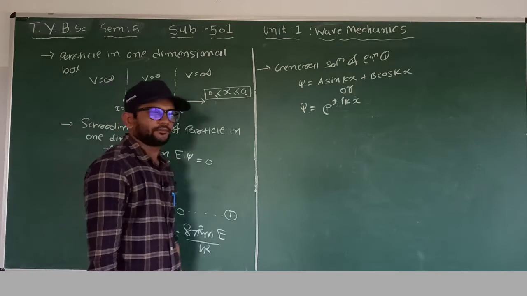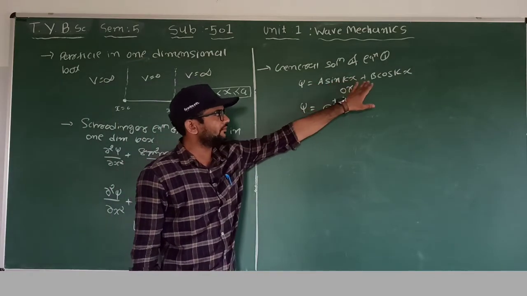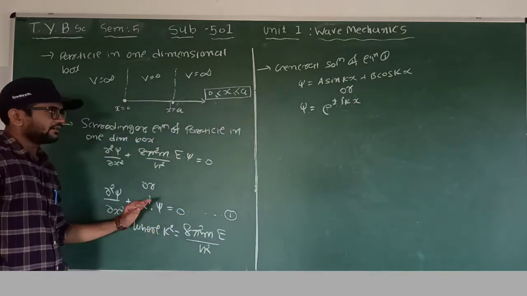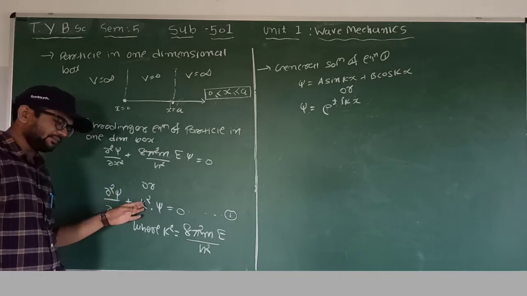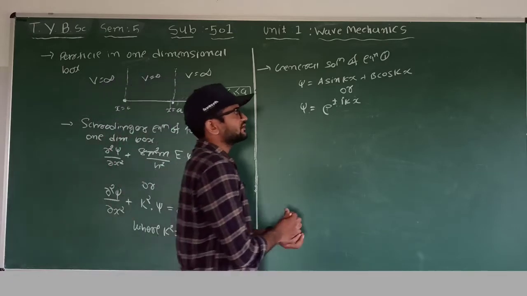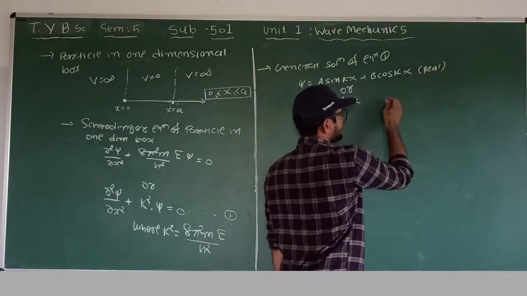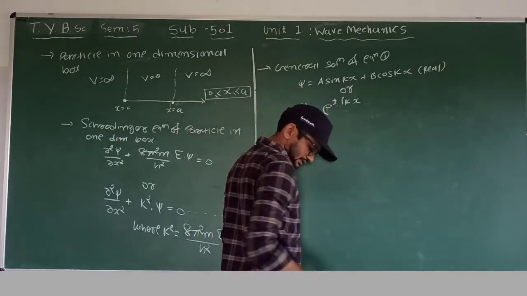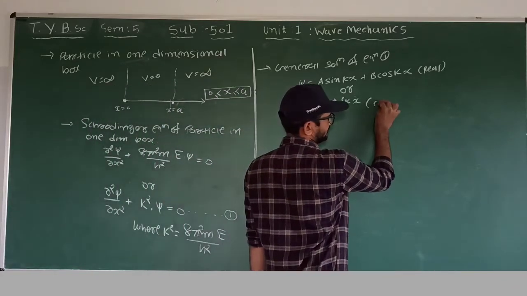If you put the first psi value, A sin kx plus B cos kx, in equation number 1, then it satisfies the condition del square psi upon del x square plus k square into psi is equal to 0. This is the real solution, and this is the complex one.